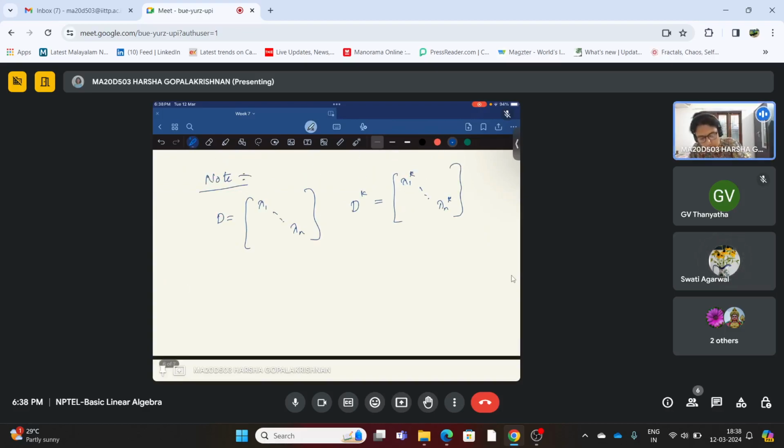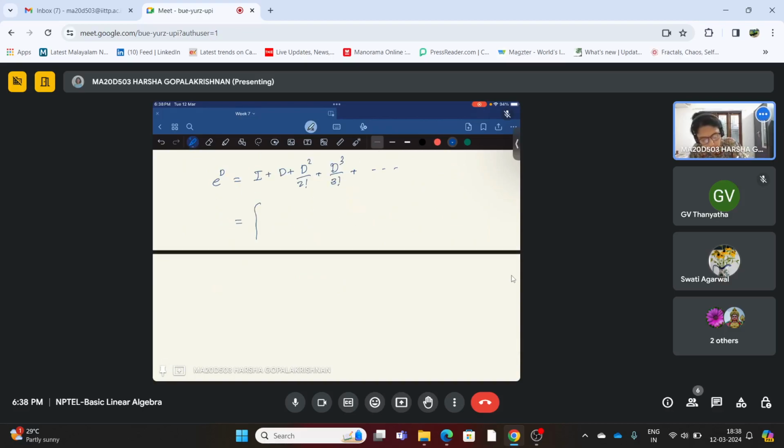Now we should write e power D as I plus D plus D square by 2 factorial plus D cube by 3 factorial plus etc. I is the identity matrix, along the diagonal it is 1 and other places it is 0. D is lambda 1 to lambda n, and 1 by 2 factorial into D square is lambda 1 square, etc., lambda n square, and so on.